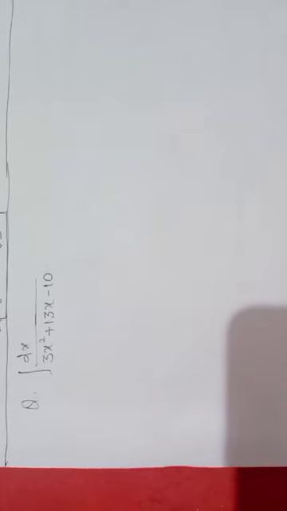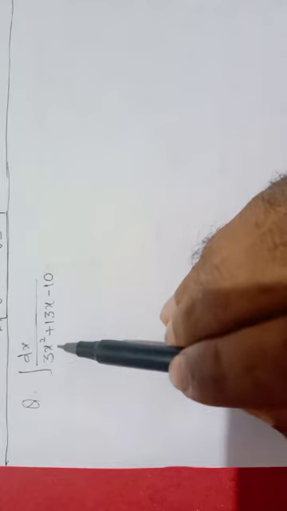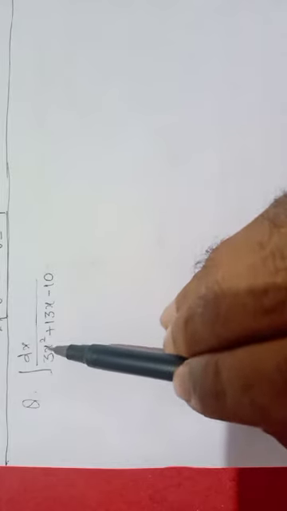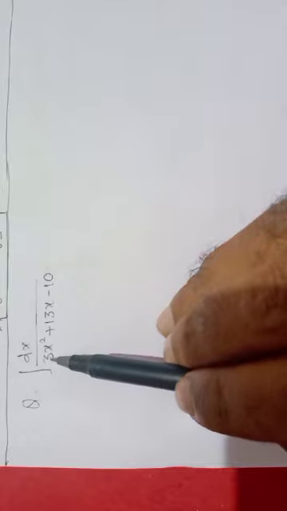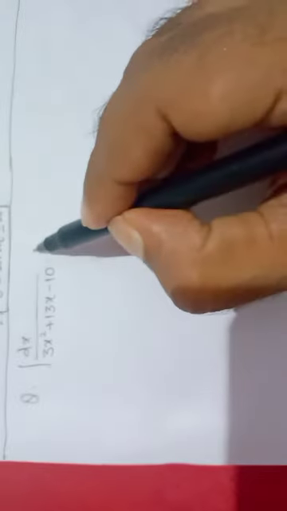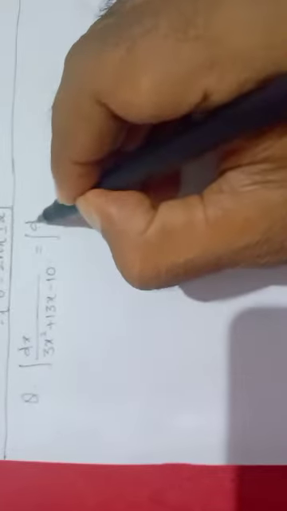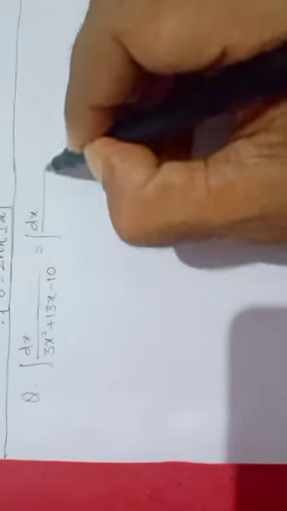First of all, simplify the denominator. First make the coefficient of x square 1. So here it is 3. So in the very first step, take 3 as common from the denominator.